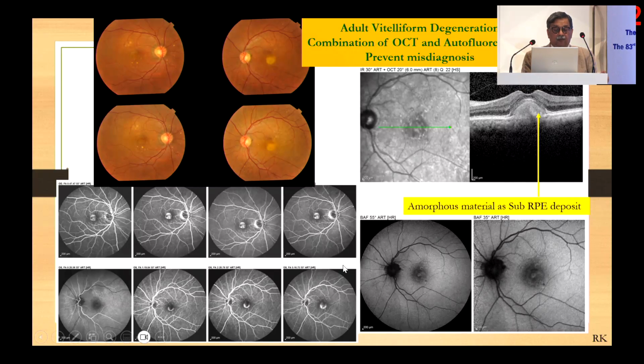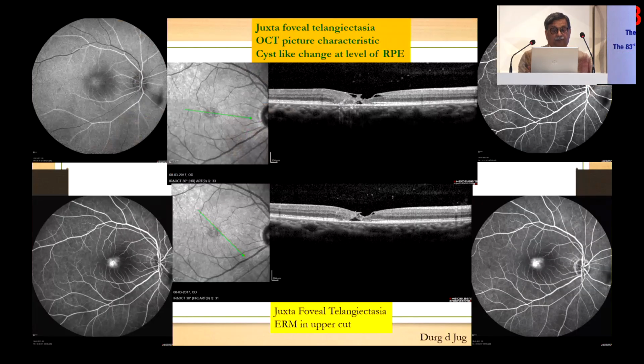But the best diagnosis comes from the autofluorescence, where you see this area where you had this lesion was hyperfluorescent. So hyperfluorescence on autofluorescence with this kind of lesion, and hyperfluorescence on angiography which does not increase over time, tells you you're dealing with adult vitelliform degeneration that does not need treatment.